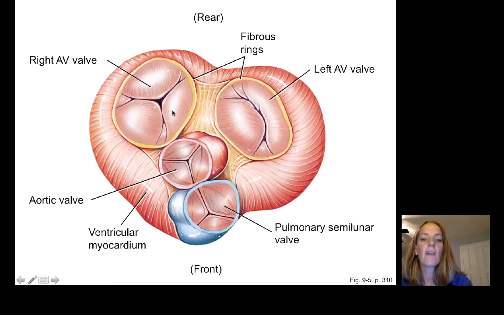The right AV valve is the tricuspid, which has 1, 2, 3 little cusps. And the left AV valve is the bicuspid, which has 1, 2 cusps. The aortic and the pulmonary semilunar valves are much smaller and thinner and kind of make a little half moon shape, which you can't see from this view, but you can see from the side.